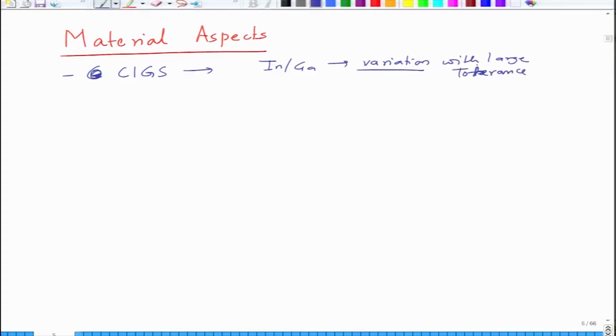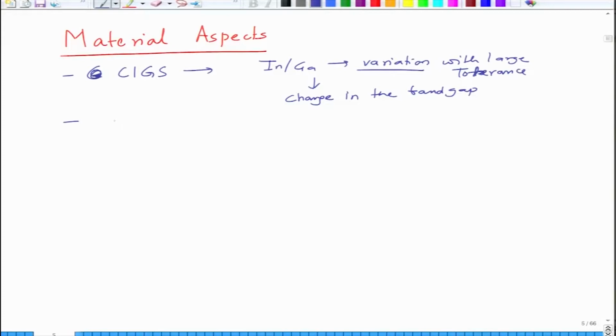And this is basically used to tune the band gap. So when you change the indium to gallium ratio, it leads to changes in the band gap.